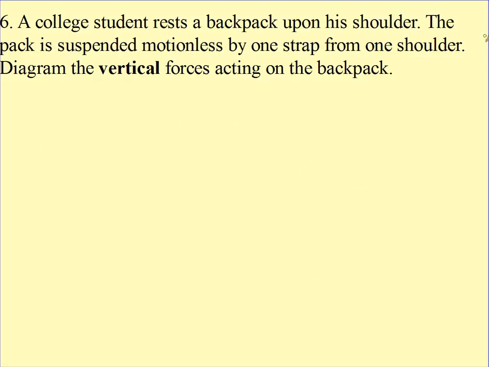Now let's look at this one. A college student rests with a backpack on his shoulder. The backpack is suspended motionless by one strap. Now we just want the vertical forces. I'm not going to attempt to draw the college student here. Here's the backpack. There is gravity going straight down. We're going to assume the strap is vertical because otherwise it gets a little messy.